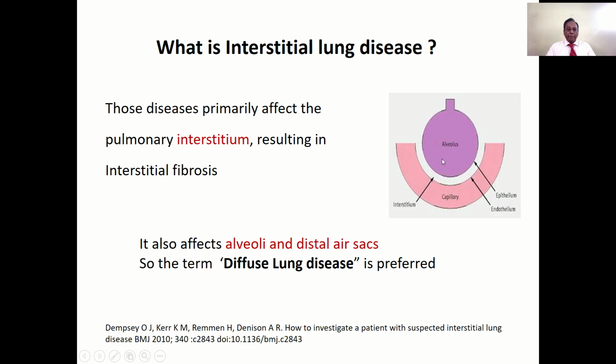That is the reason why many people prefer the terminology diffuse lung disease. But for better understanding, in my future lectures, I am going to use the name interstitial lung disease only. And if you happen to see the literature, diffuse lung disease more or less means interstitial lung disease, but includes some other causes also.